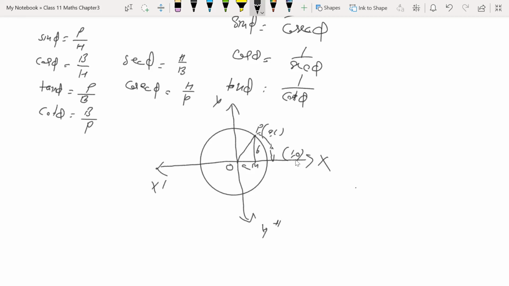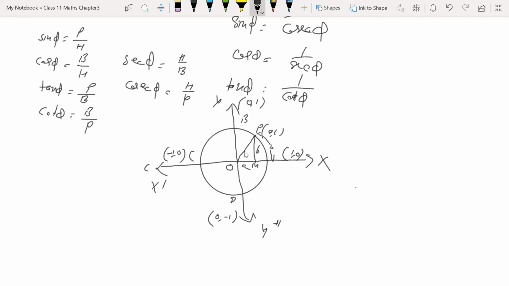Why this 1, 0? Because this is positive here. At point B, y is 1, x is 0. At point C, x is -1 and y is 0. And at point D, x is 0, y is -1. These are the four quadrants in this.